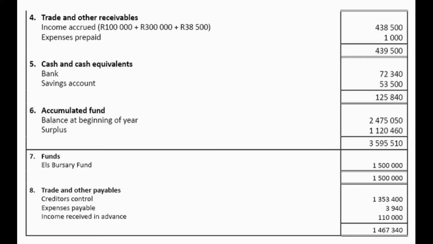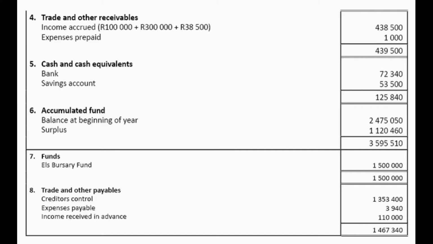Okay. Cash and cash equivalents, the amount from the bank and the savings account we get directly from the pre-adjustment trial balance. Bank 72,340, savings account 53,500, and that adds up to 125,840. Accumulated fund number 6, balance at the beginning of the year, you get that amount straight from the trial balance.